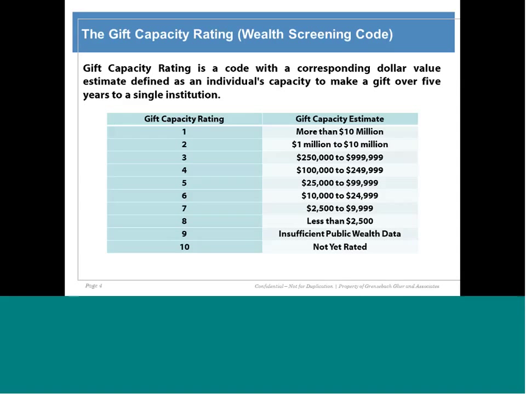And so a gift capacity rating of 1 corresponds to the ability to give more than $10 million or $2 million a year over the next 5 years. A gift capacity rating of 2 corresponds to the ability to give somewhere between $200,000 and $2 million a year over the next 5 years, and so on and so forth down the line.